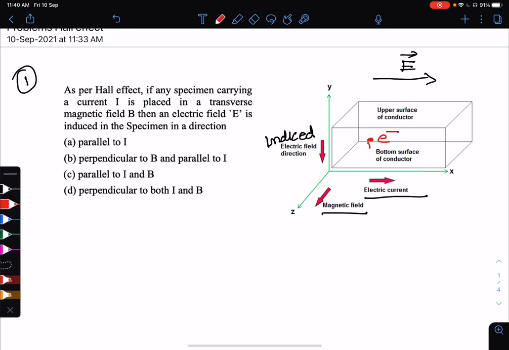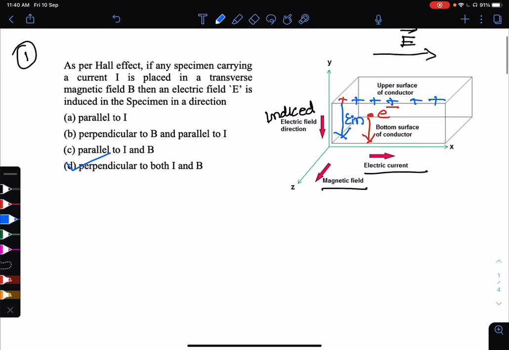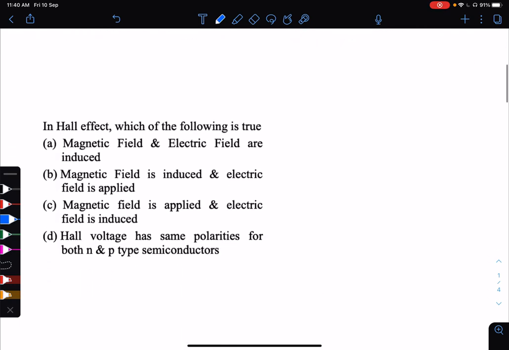The electron will be moving down, and then positive charge will appear on the top as a charge separation. So the electric field will be in this downward direction. E induced. So which option is correct? This E induced is perpendicular to both B and I. D option is correct. Next question is, in Hall voltage, which of the following is true?